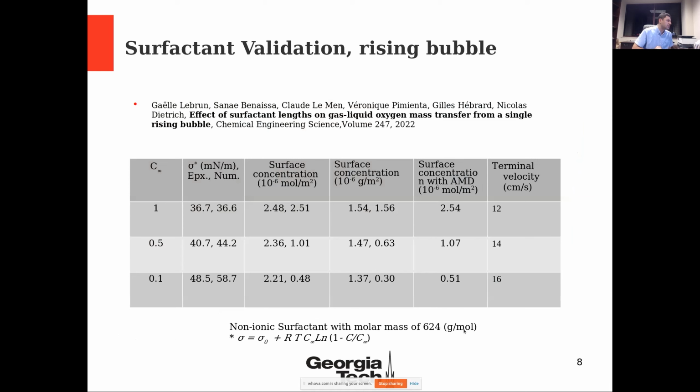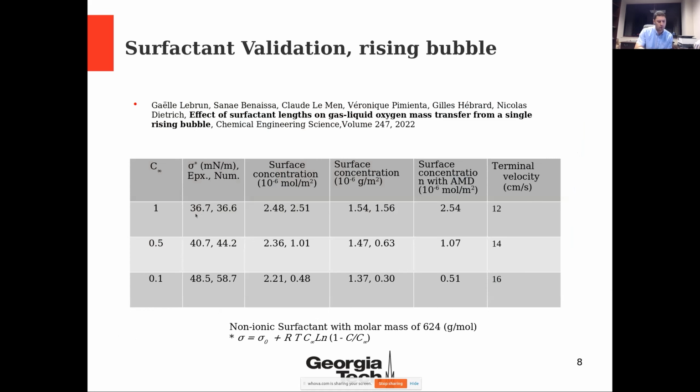For the validation, with this 2022 paper from University of Toulouse, France, the result at high concentration, C infinity at 1, is very good, and you can see the surface tension is predicted very well.